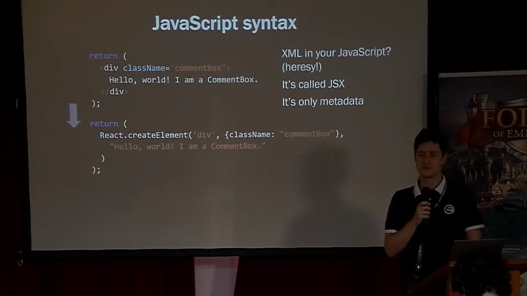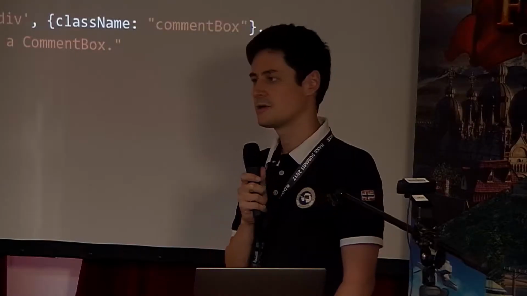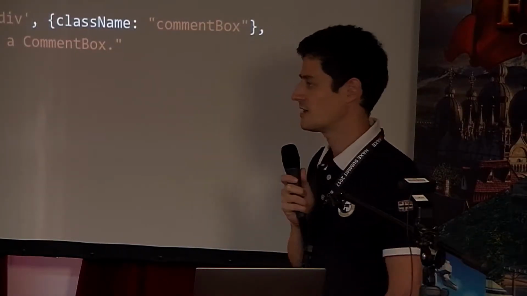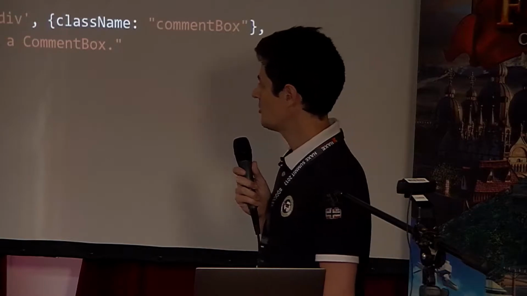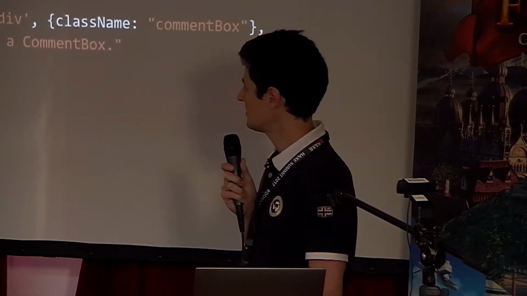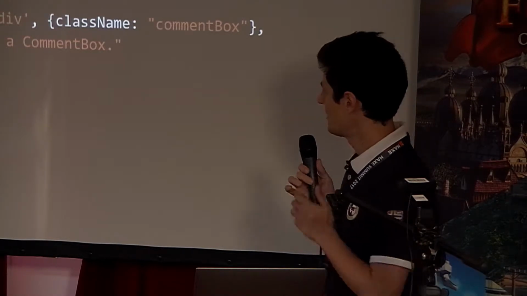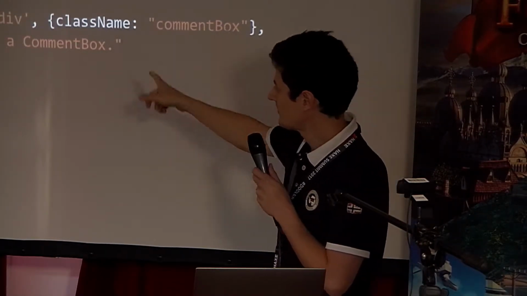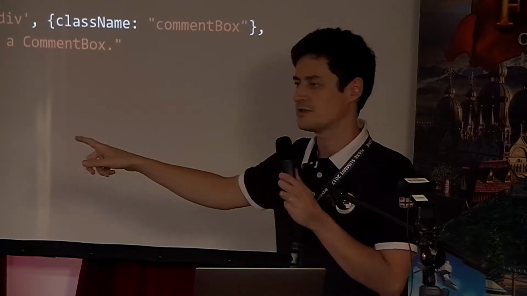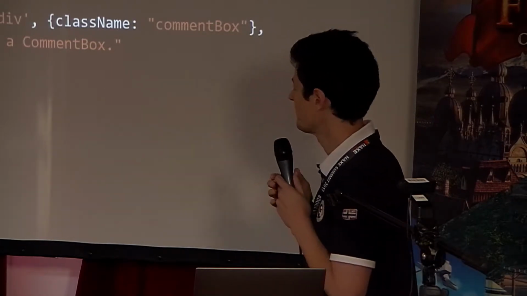It's a DSL to declare a certain structure, and that's converted by the compilers. The Babel compiler, TypeScript compiler, they all are able to transform that into calls to functions. So React.createElement, the tag is a div, it has a className attribute, and it has children content, which here is just a text.